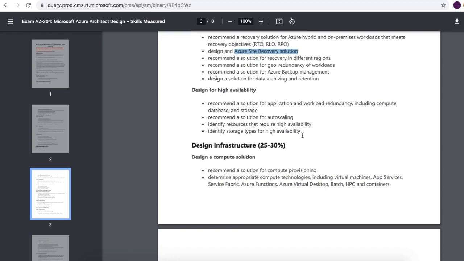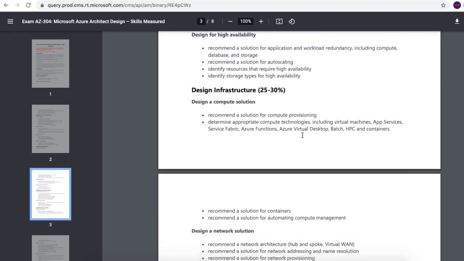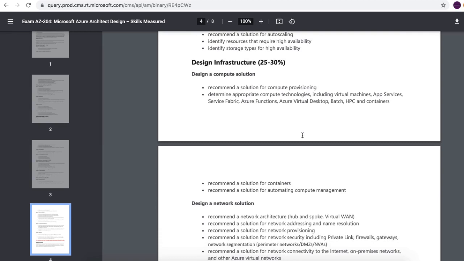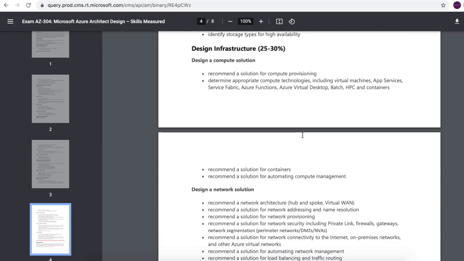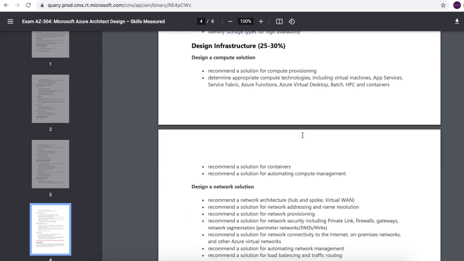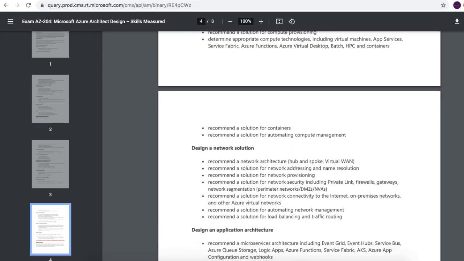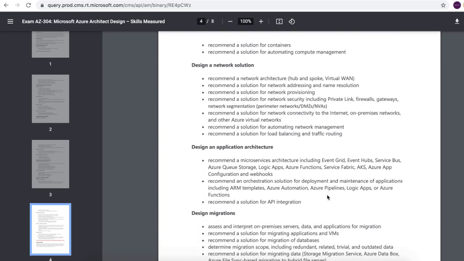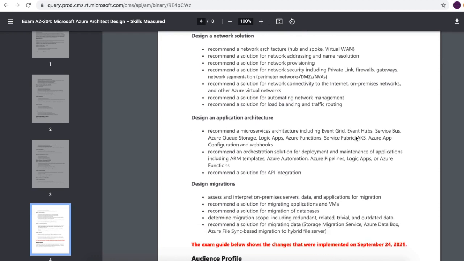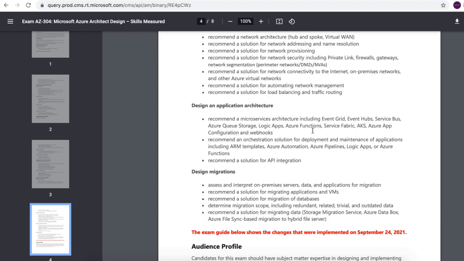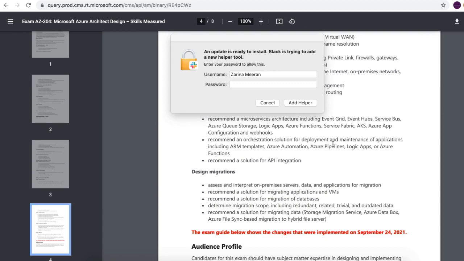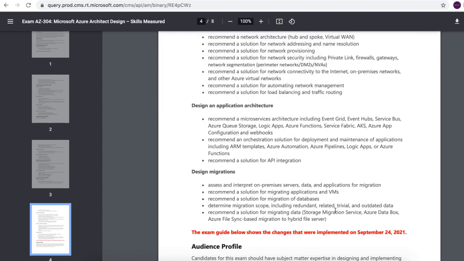And then moving on to design infrastructure, what came up here? A lot around networks and connecting to on-premise, load balancing solutions, and yeah, this is what I can remember, as well as Azure automation, Azure pipelines, logic apps, all of this, and ASR as well.